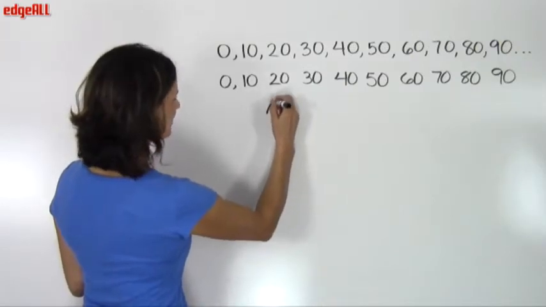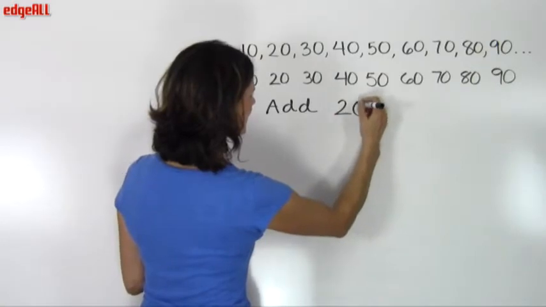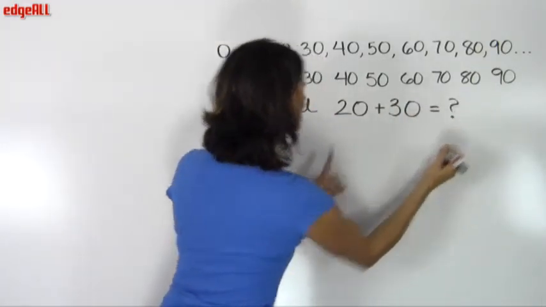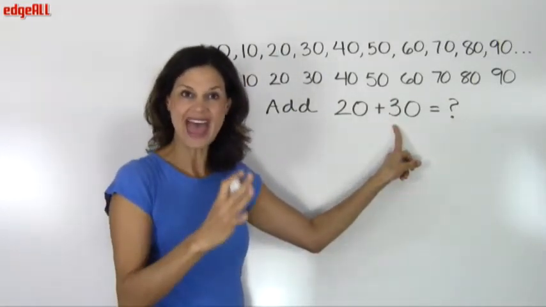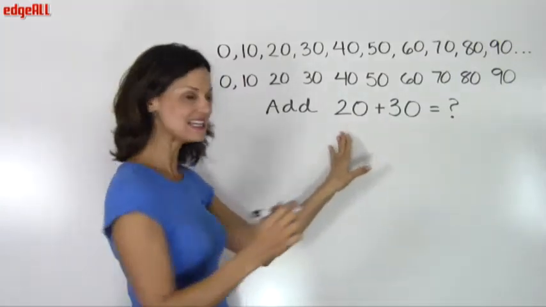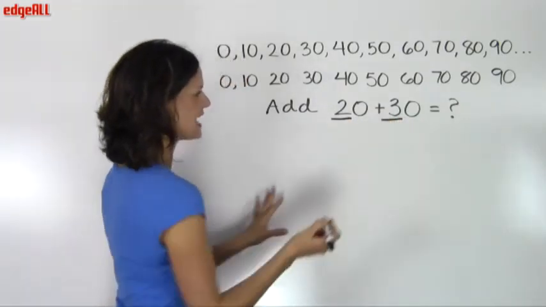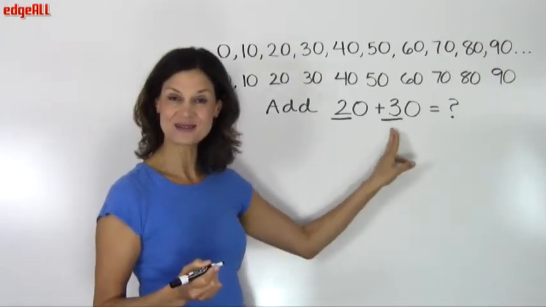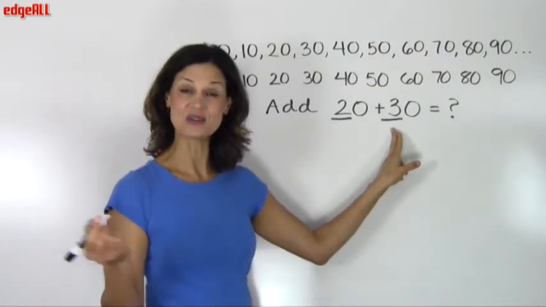In our example, we are going to add 20 plus 30. So 20 plus 30 equals what number? We need to add these two tens together. All we need to do is look at the digits here in the tens place and add 2 plus 3. We know that 2 plus 3 equals 5.